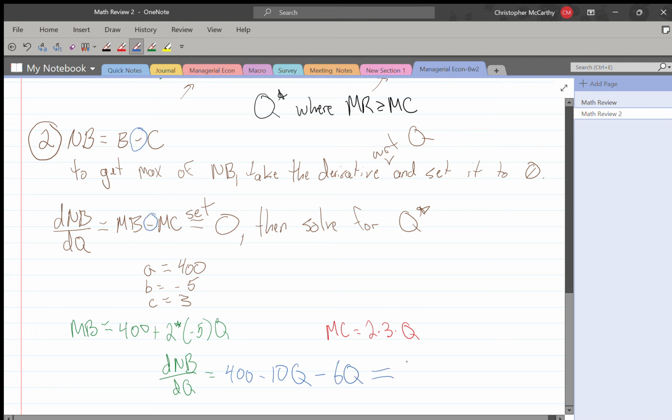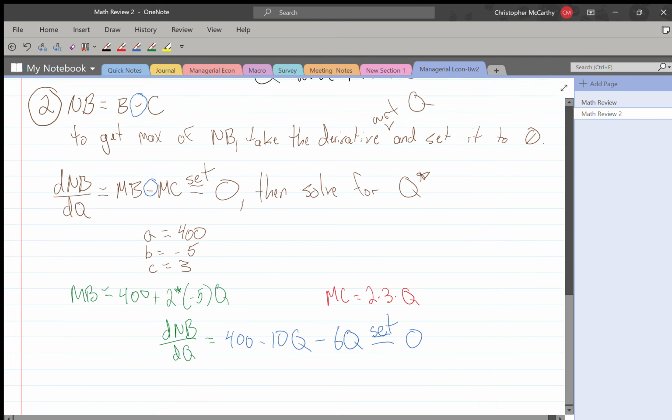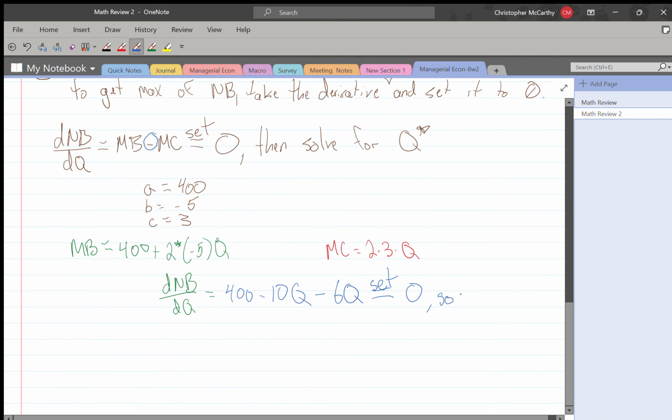And what are we going to do with all this? We're going to set it equal to 0, and we're going to solve for Q star.